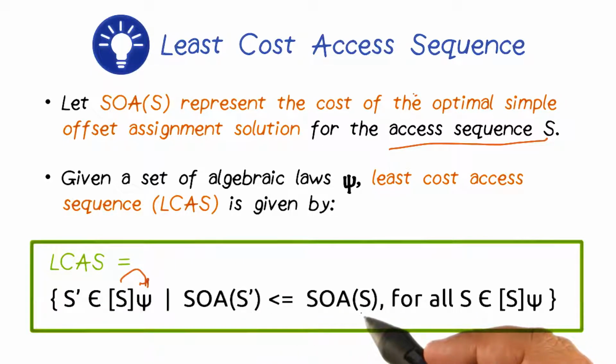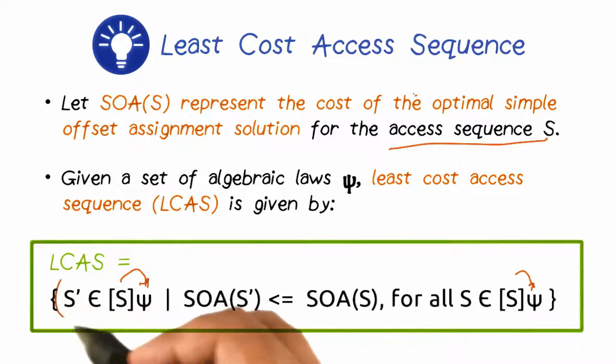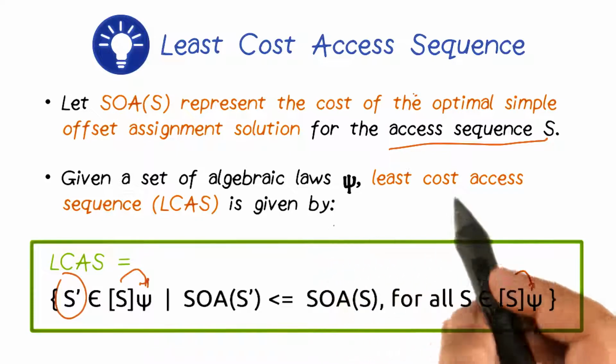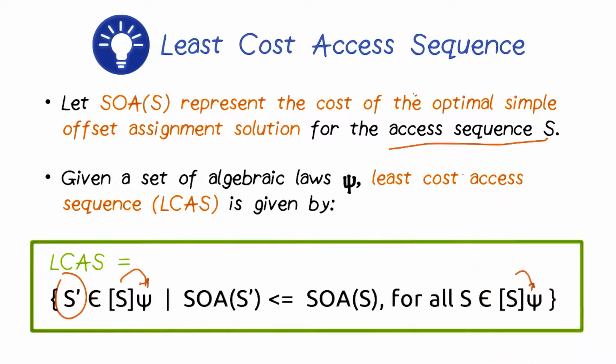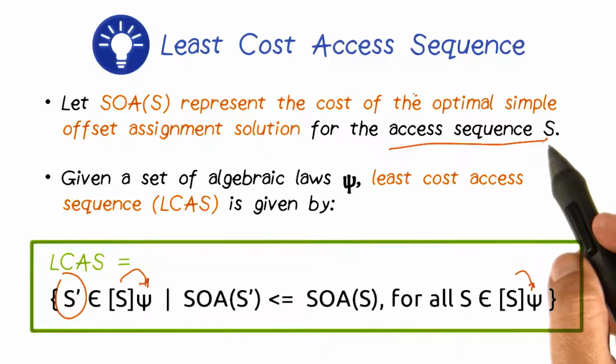If that happens to be lesser than S for all different S's that we are going to find by using this particular algebra, then that is the least cost access sequence, because we can't better that by an algebraic transformation. In other words, we start with the original program, find its access sequence here, and find its cost using MWPC.